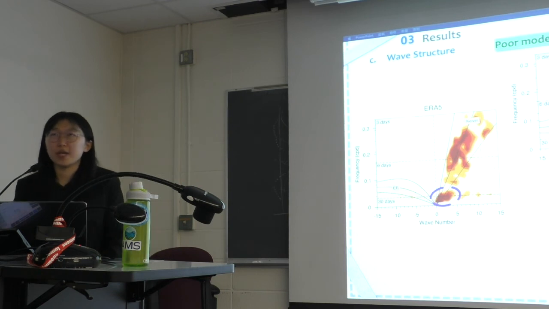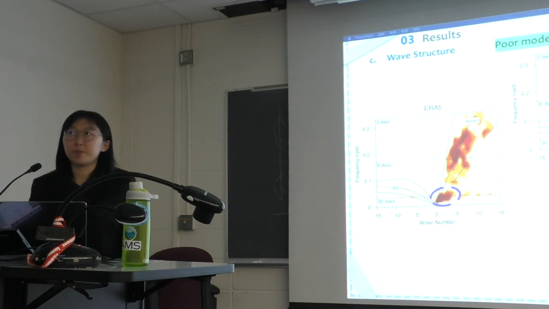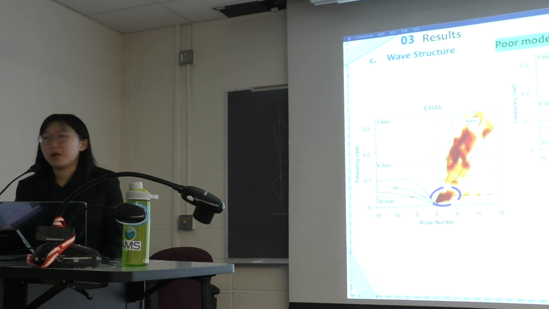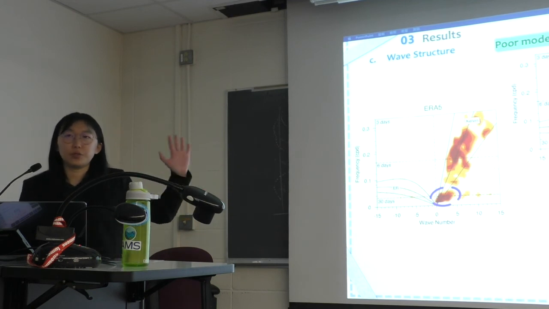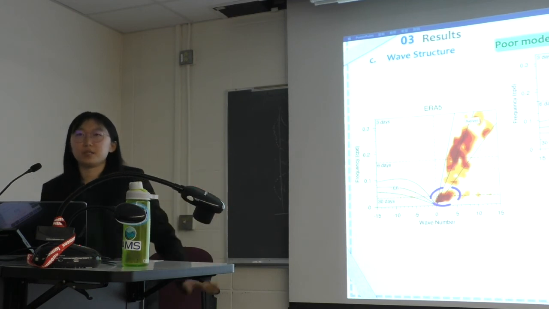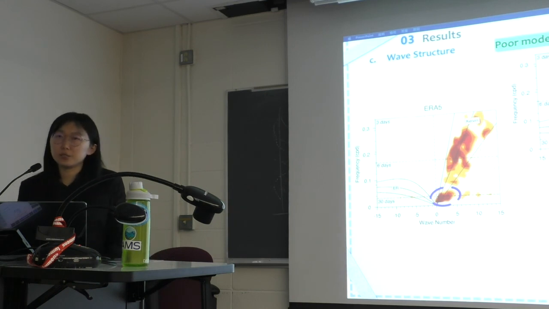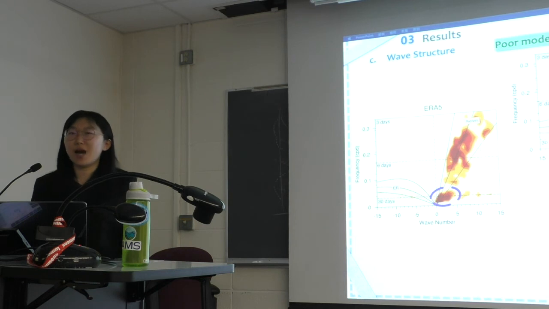Yeah, we can do that. If we also discuss this part, maybe we can choose the MJO events in the observations and the models, and see what the differences are between propagating and non-propagating MJO events. But here we just look at the total state and the characteristics. It's a good topic. We can do that, but how we select the propagating or non-propagating events is the other question.